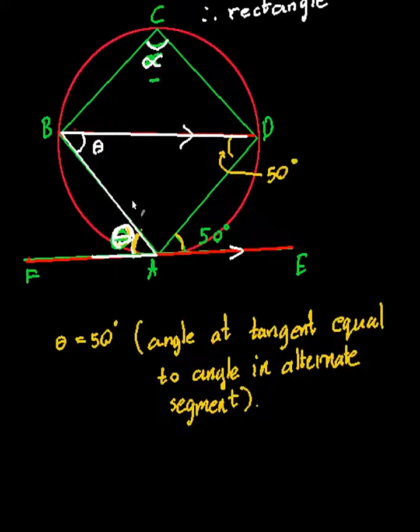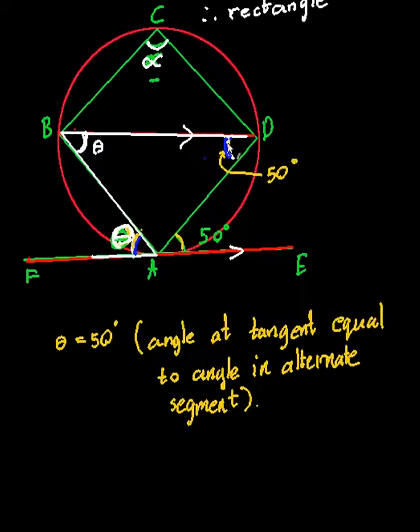But when we're thinking about circles, and there are no parallel lines involved, what you can say is that not the Z angle, but the one opposite to it. So this angle here is going to be equal to this angle.